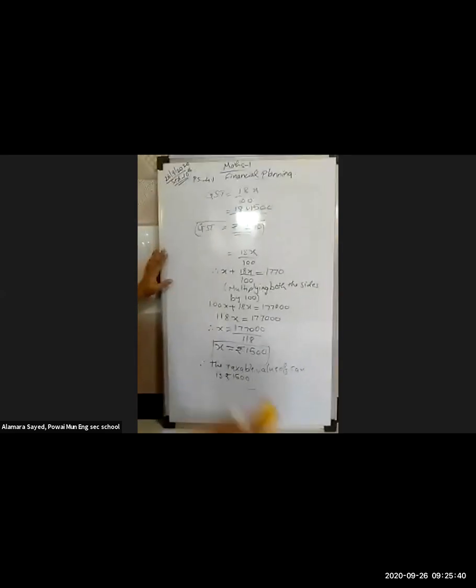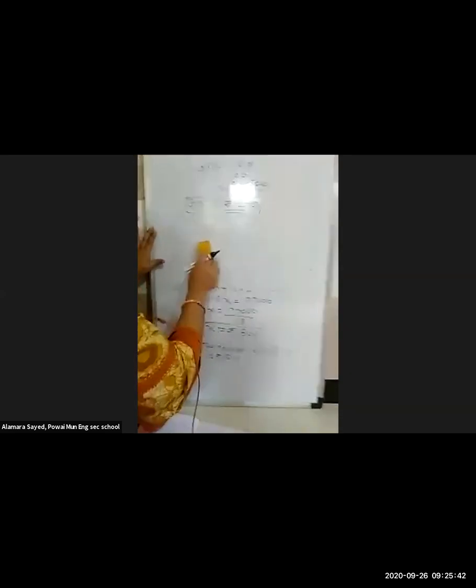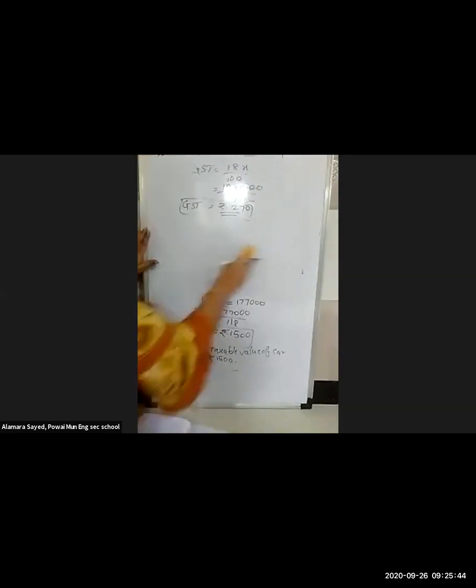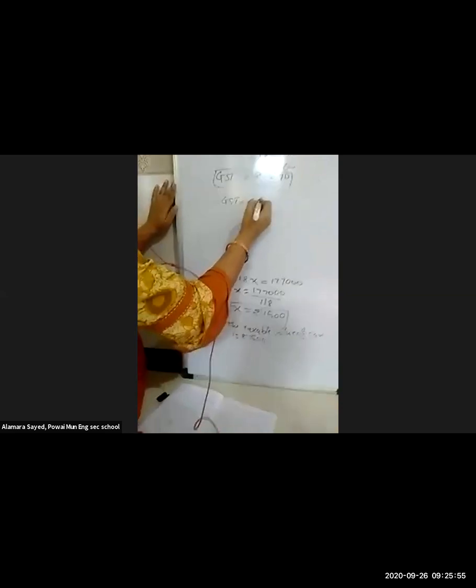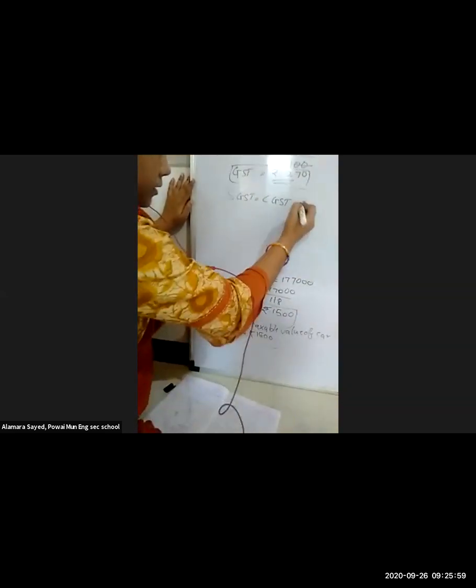Now what we are going to find is SGST and CGST. If we find one value it will do, that is if we find the value of CGST, you will get the value of SGST from that. As we know, SGST is equal to CGST, that is equal to 1/2 into GST.